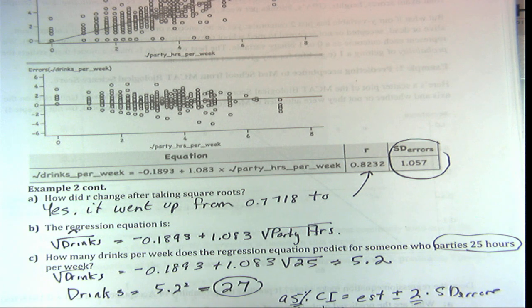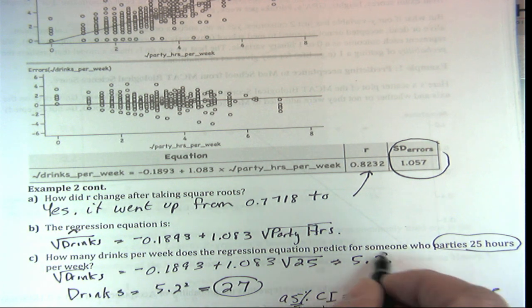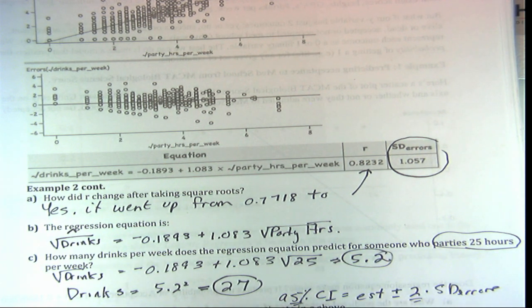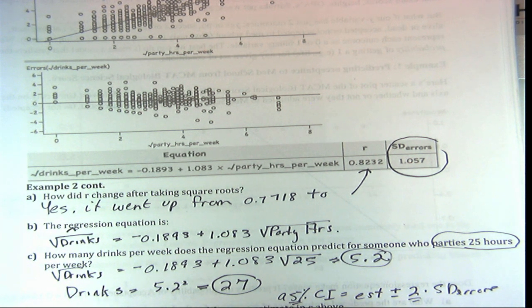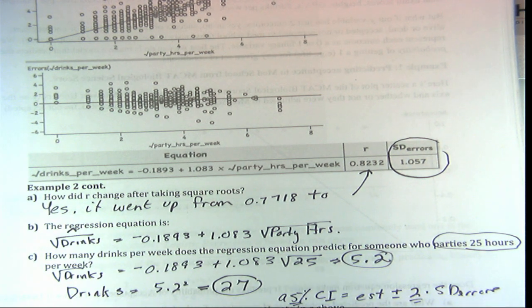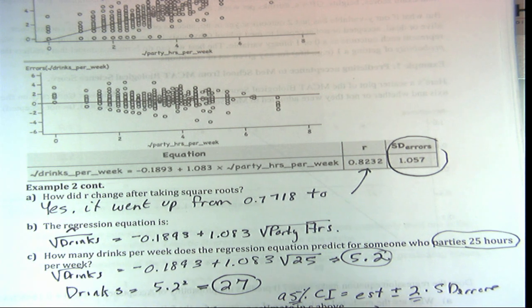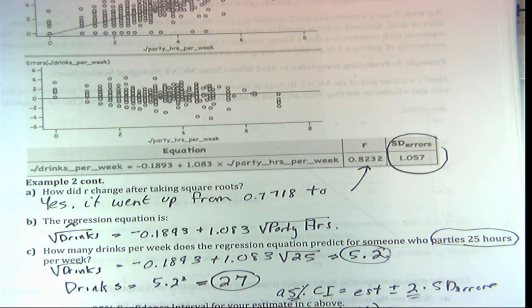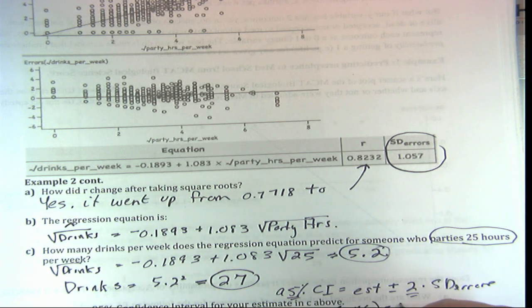So our estimate was 5.2. We're using that one. And then we can say plus or minus 2 times 1.06. All right? And when we do that, when we subtract the 2.12, we'll get 3.08.